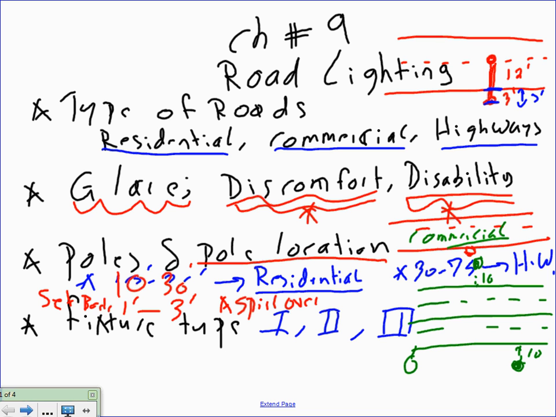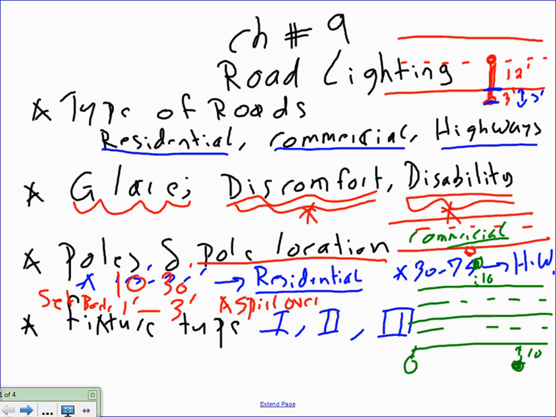Most of the poles in residential are 10 to 30 height with a 3 foot base usually, especially commercial. In highways, in commercial, as well as in interstates and so forth, you're looking at 30 to 75 foot high. What's the problem with the higher pole? Everybody knows what the problem is with the higher the pole.